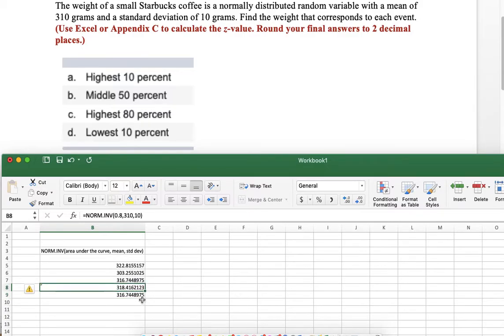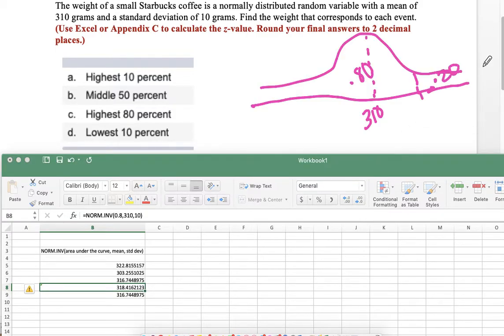It would be 318.42. That makes sense because this one was 75%, and this one is just slightly higher at 80%.